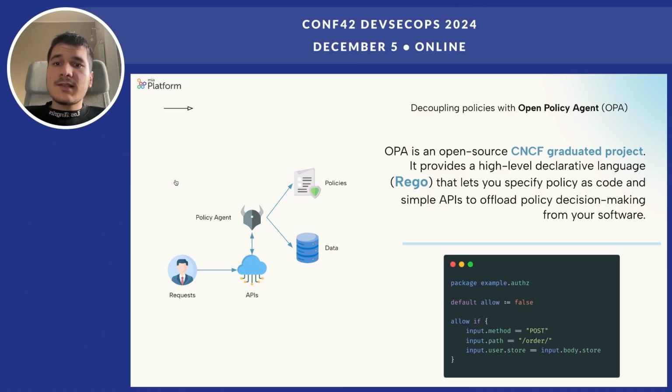What you are seeing on the screen right now is a snippet of a simple Rego policy that only authorizes POST requests on the /order route, where the value of the store property inside the body matches the store assigned to the user making the request.